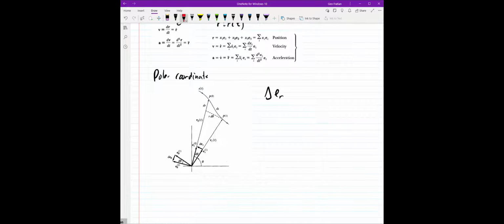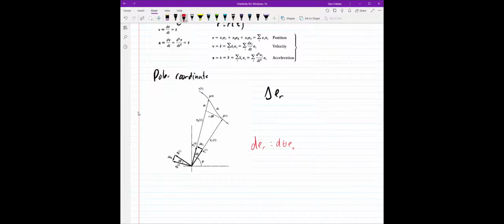Same thing with theta. We have right here our e_theta 1, e_theta 2, and then our de_theta right here. And we see the change in theta right here, and so forth. Therefore, we can write that de_r is equal to d theta e_theta.